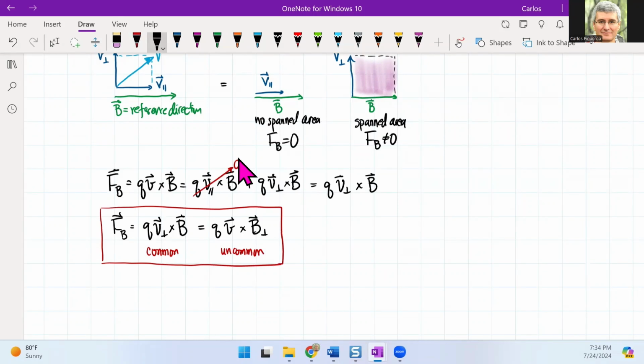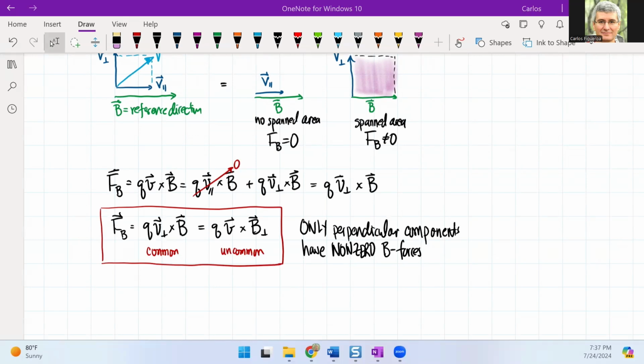In other words, only perpendicular components have non-zero magnetic forces.